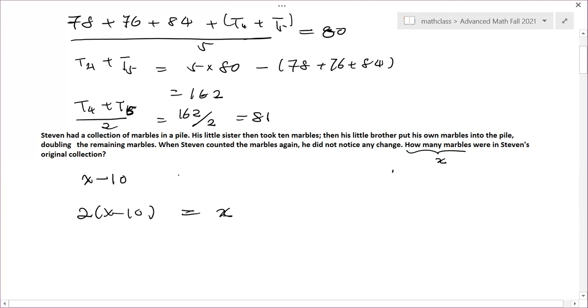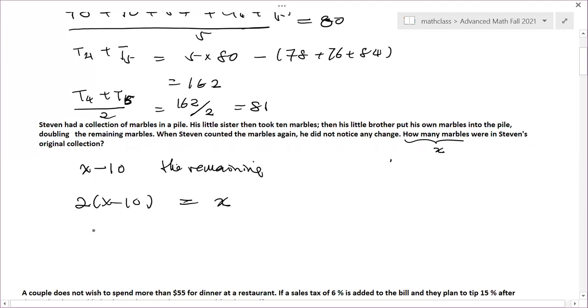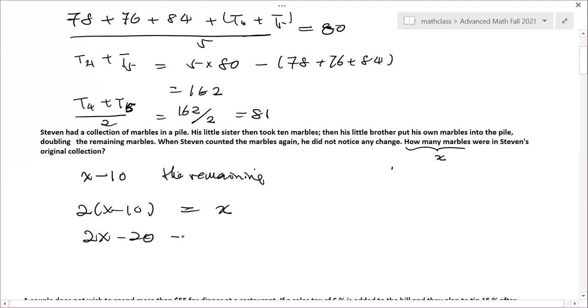So that is the equation we get. This is the remaining after 10 marbles were taken, and 2 times (x minus 10) is just double the remaining. Then it's equal to the original one. From here you solve the equation: 2x minus 20 equals x.